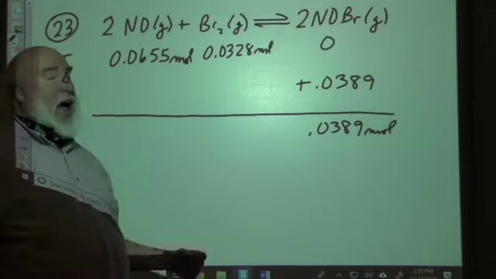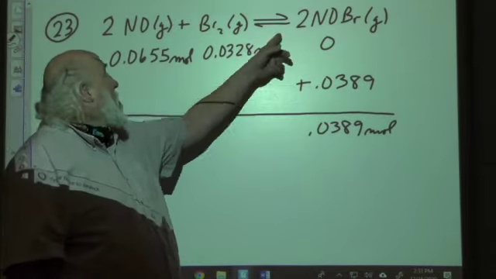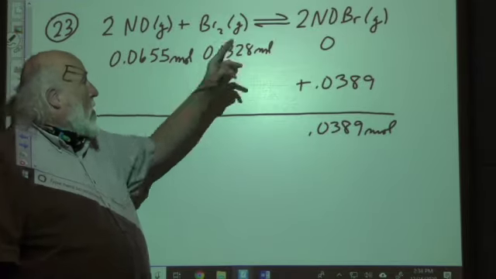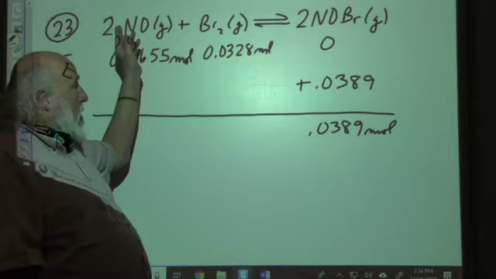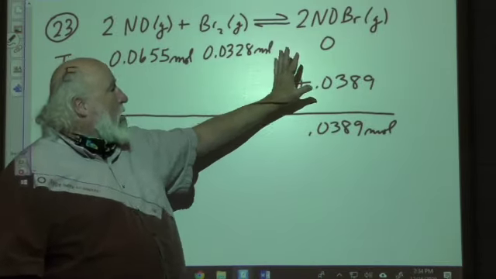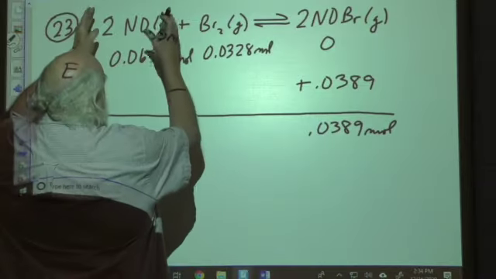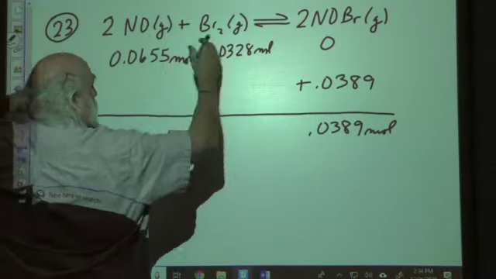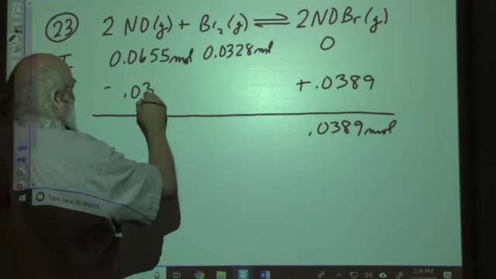Now we got to be careful of coefficients because we have a 2 here and we got a 2 here. Well, if you got a 2 here to 2 here, that's a 1-to-1 ratio between these two right here. Here's the arrow, which means you have positives on this side, negatives on this side. So for this NO, which has the same coefficient as this, it's going to lose the same amount, 0.0389.